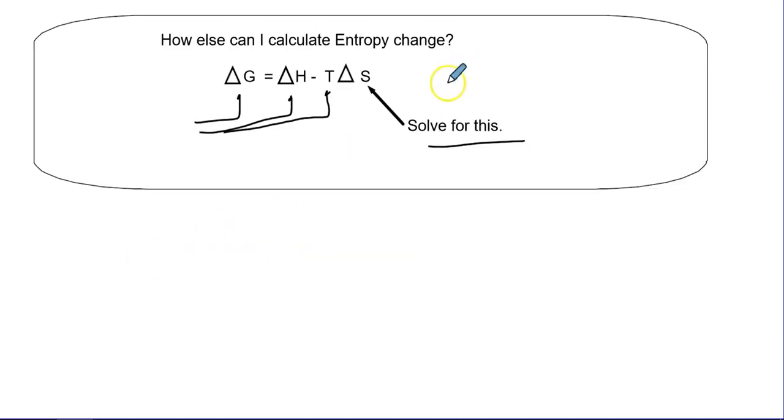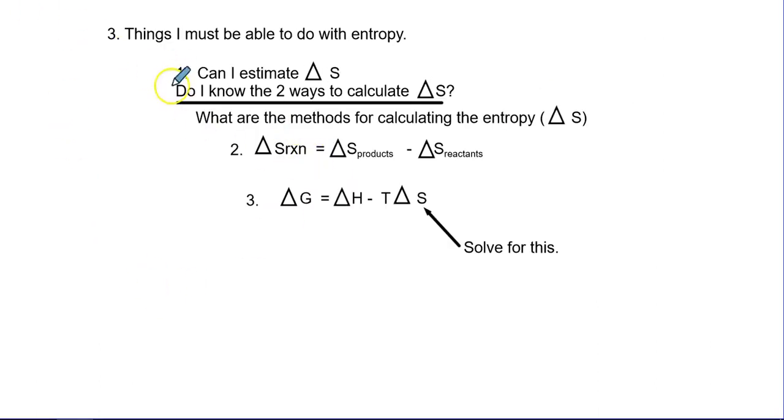So when I'm running off this equation, sometimes you might see me put divide by 1,000 on there. That's if you come from the tables, you need to flip that from joules per Kelvin into kilojoules per Kelvin. Just a heads up. So again, this is a summary: can you estimate? Can you calculate with the right tables? And can you just use the Gibbs free energy equation to solve for that value?